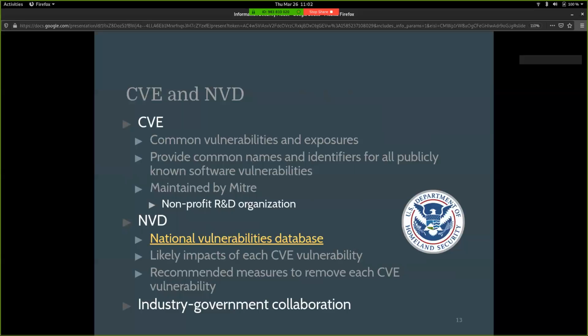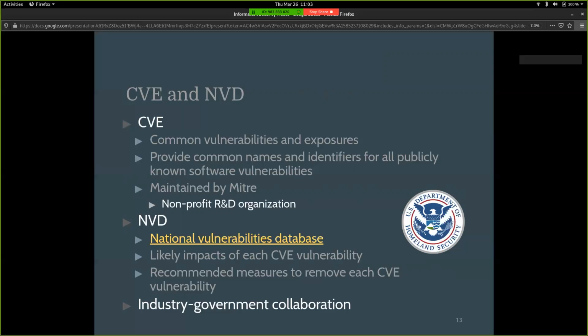So a couple different ways in which these vulnerabilities from a technical perspective are being tracked are through the Common Vulnerabilities and Exposures. That is a nonprofit organization that's maintained by MITRE that provides common names and identifiers. So we have a common nomenclature for software vulnerabilities that exist.